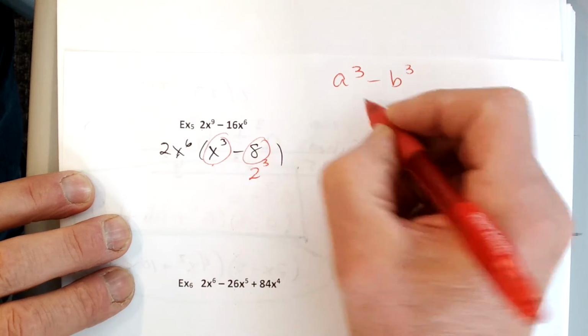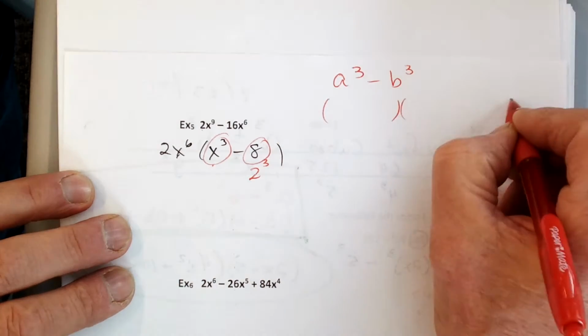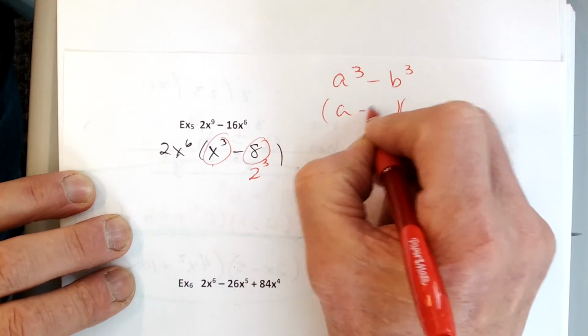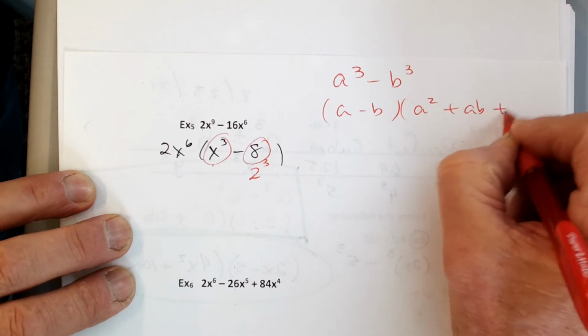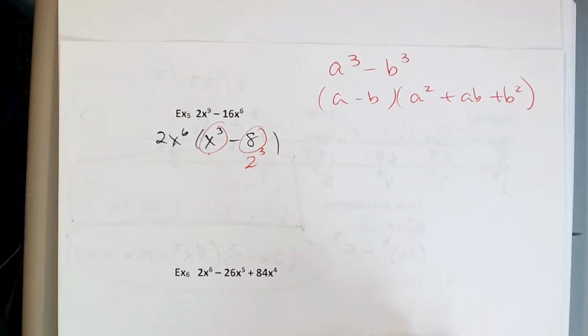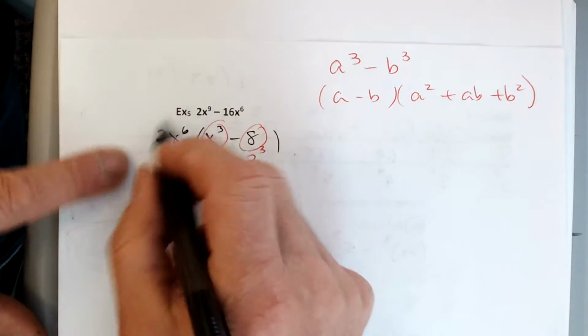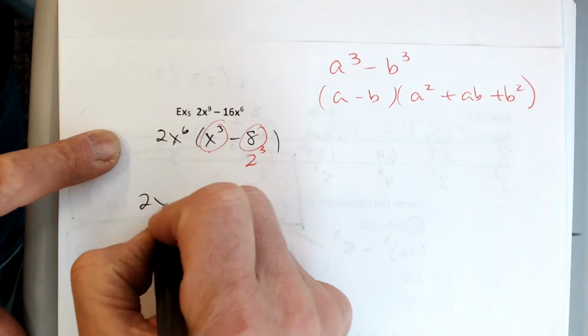That number is 2 cubed. And we just wrote the formula down on the front of this page as a minus b, a squared plus ab plus b squared, right? And ignoring this 2x to the 6, okay?